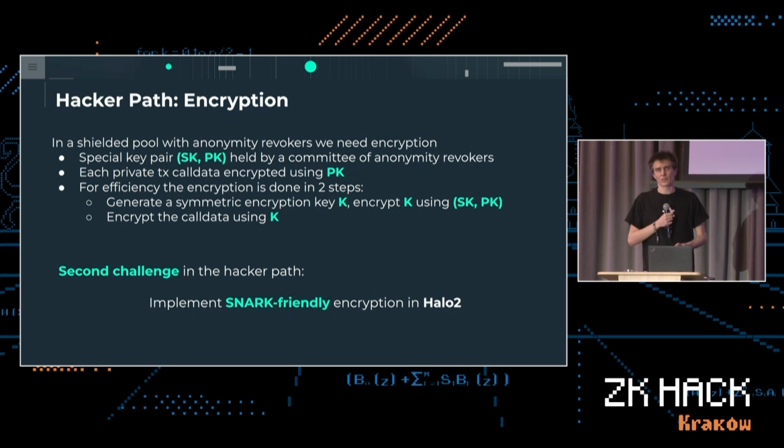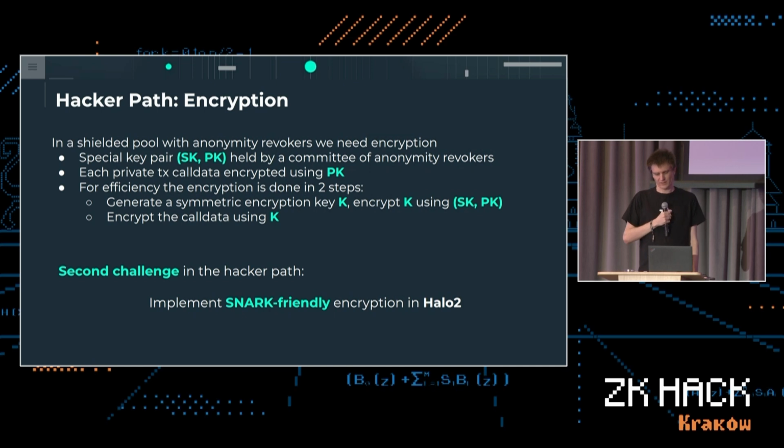Also included in the hacker path is a technical challenge to implement snark-friendly encryption in Halo 2. So first of all, why do we need encryption in snarks? Here's the story.